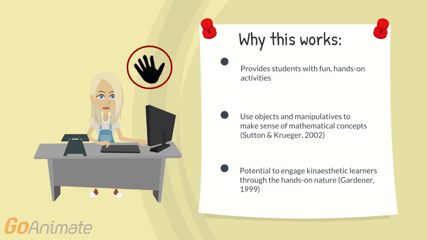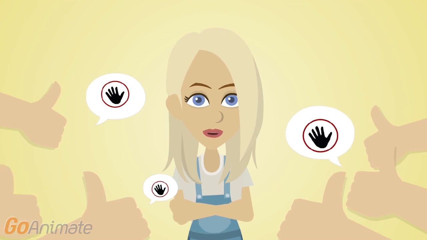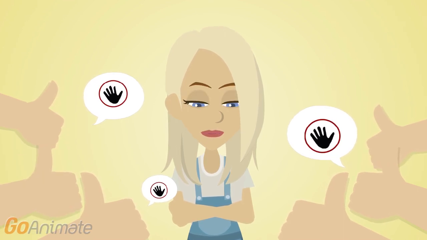In Howard Gardner's theory of multiple intelligences, he proposes body kinesthetic intelligence as one which uses physical movement to develop understanding. Consequently, by using concrete materials and engaging students in hands-on activities, it supports the achievement of learning outcomes for body kinesthetic students. What an awesome way to teach chance. Alright, let's move on to the next one.